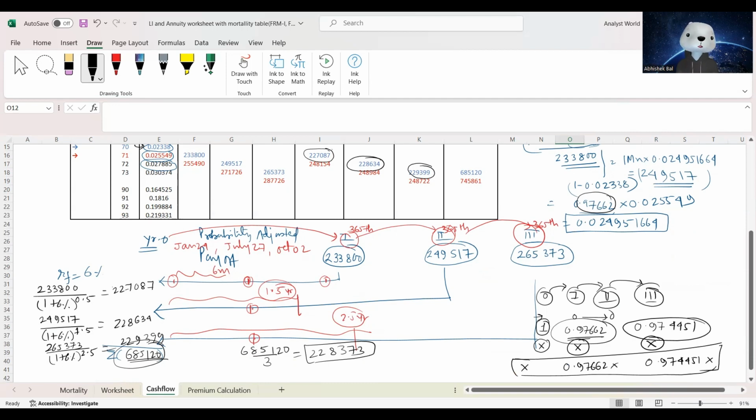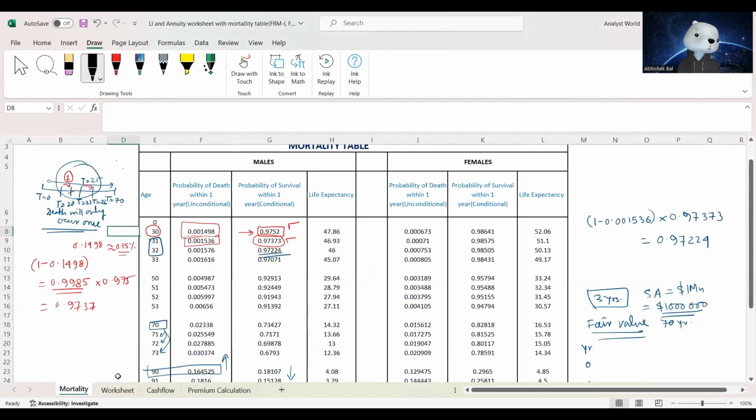So if we add all of them, 0.97662 plus 0.974451 plus 1, it is going to be 2.9510X.